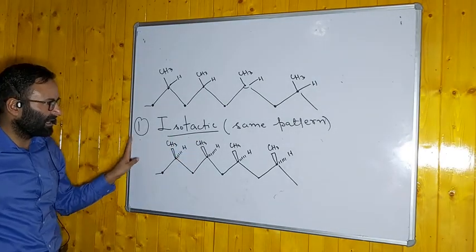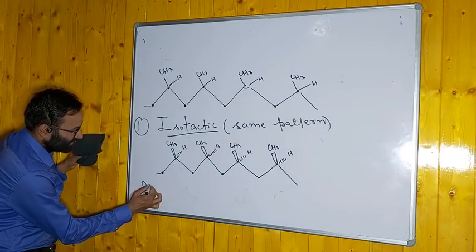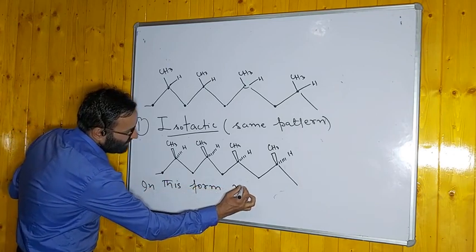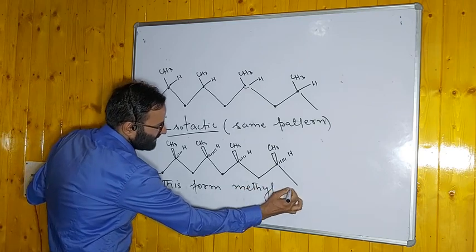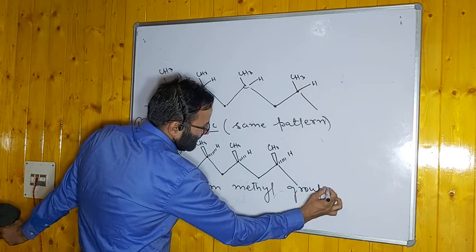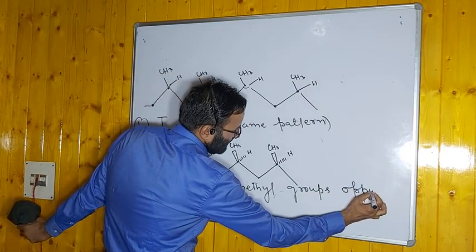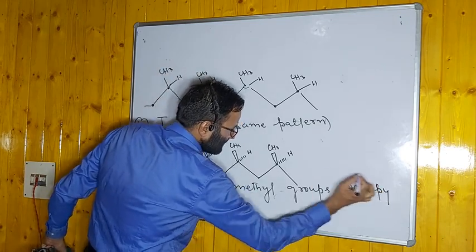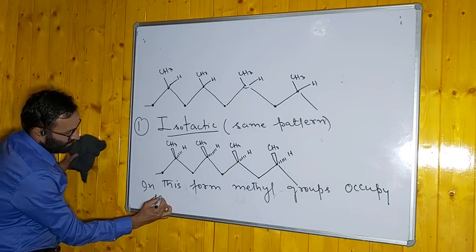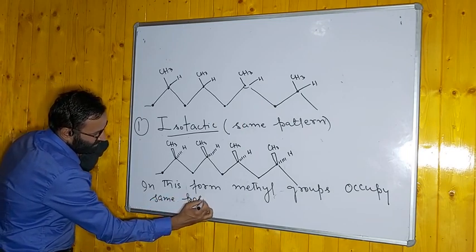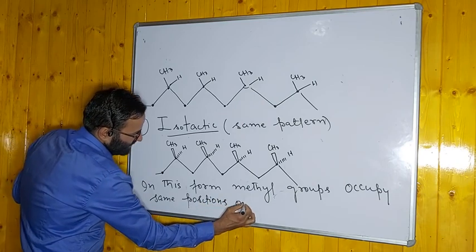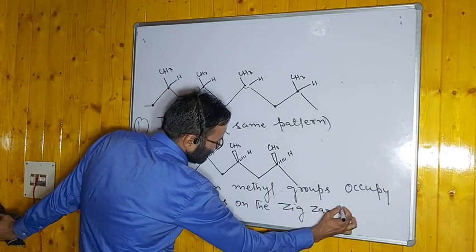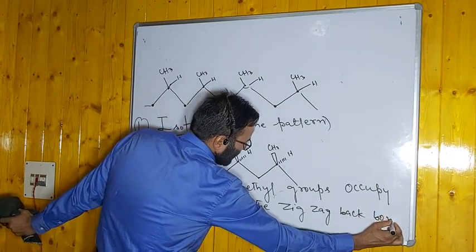This is isotactic. How can you define isotactic? In this stereoisomeric form, methyl groups occupy the same positions on the zigzag backbone, on this very element.